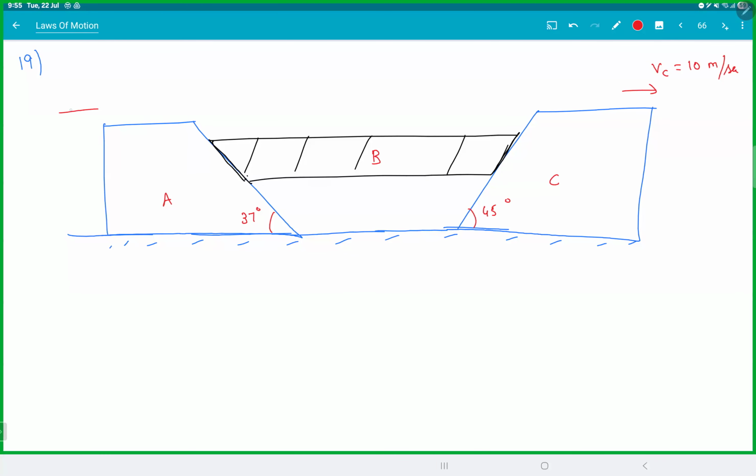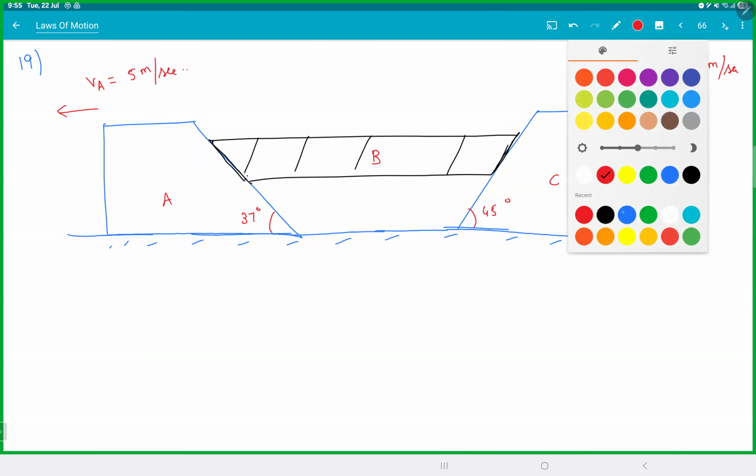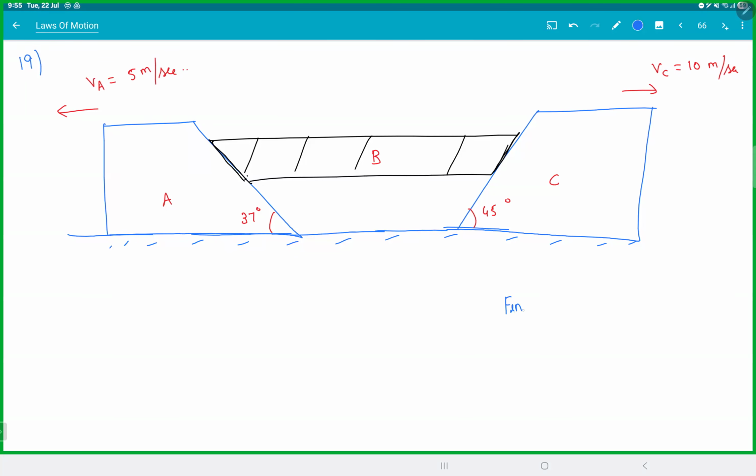This is going VA is 5 meter per second. Find VB. So VB is that trapezium kind of shape.